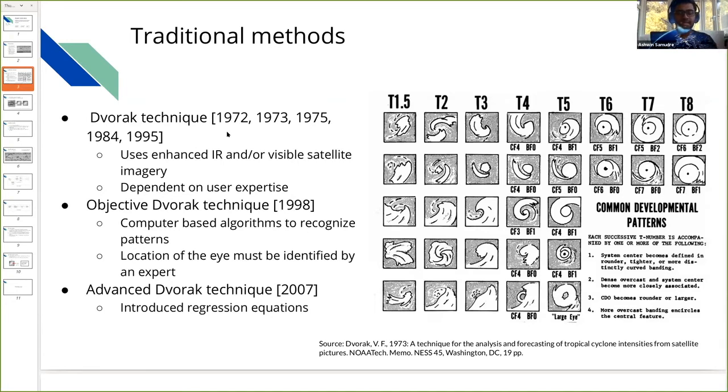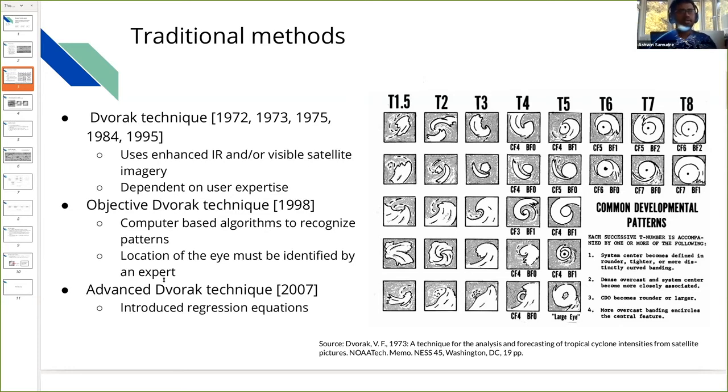These were mainly dependent on the expertise of the users. This was further improved in the object DORAC technique, where people started using computer vision algorithms, but not mainly data focused. These algorithms were using techniques from computer vision, but not exactly deep learning or machine learning. But still, it was not very useful.